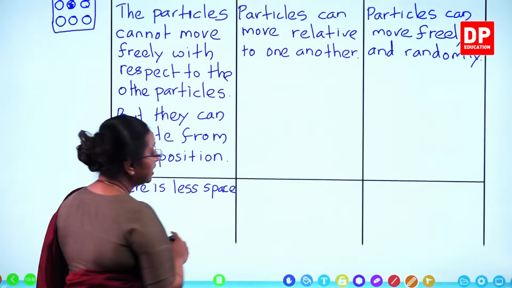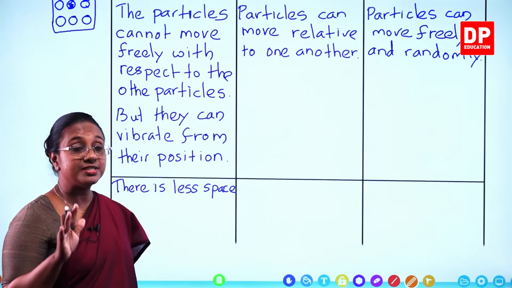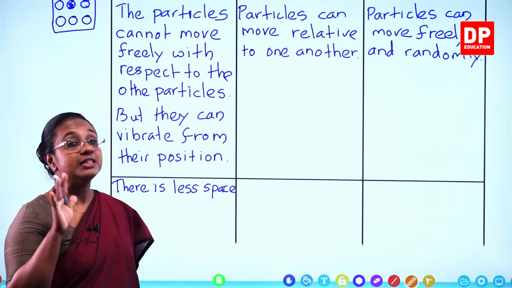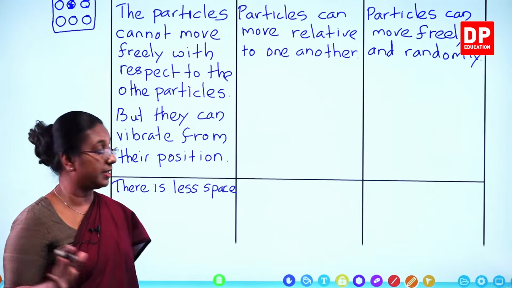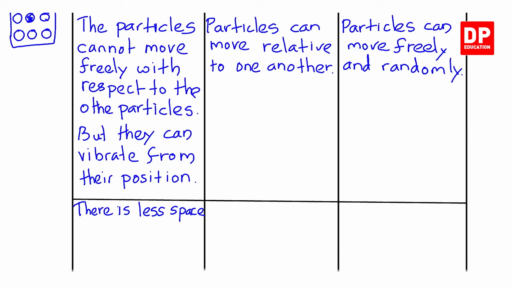You cannot say there is no space, because you all know, students, when it comes to the discontinuous nature of matter, there should be space between particles. But here the space is less. So there is less space between the particles.